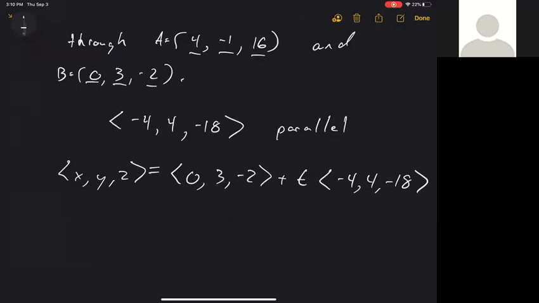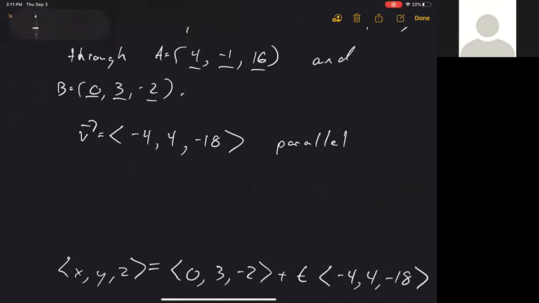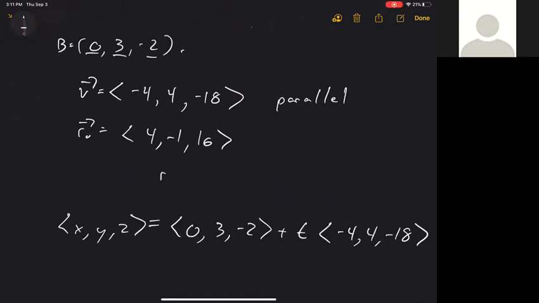So when you're writing these out on the test, you might be asking, how should I write my answer? I'll put it like this. If you list out your vectors, like if you say, all right, v is equal to this, and r sub 0 is equal to (4, -1, 16), then when you write your equation, it would be acceptable to write r equals r0 plus tv.